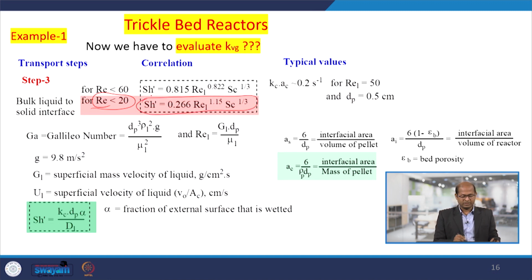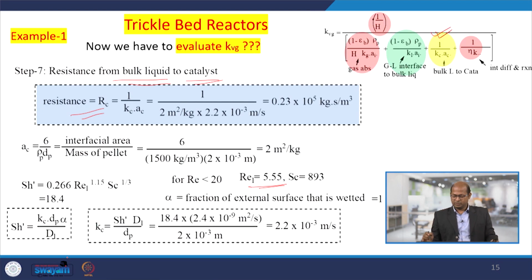Here the Reynolds number we have found out, the Schmidt number we have found out, and the Sherwood number, that is k_C, d_P, alpha and D_L. Here d_P, the diameter of the particles, is given, and for the a_C value, the k_C value first we have to find out.